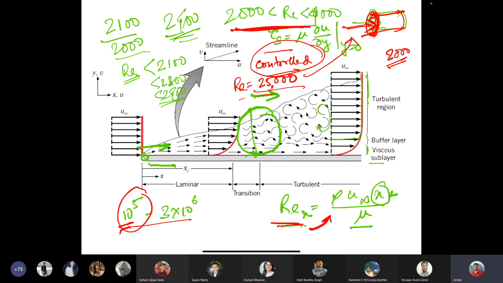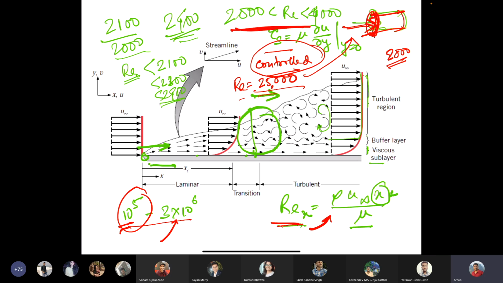Using several ideal conditions, you can stretch it up by another order, that is 3 into 10 to the power 6.